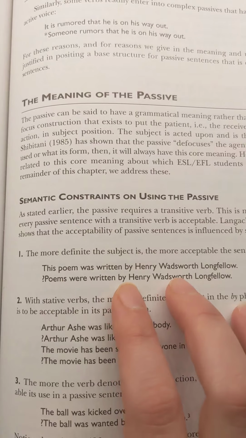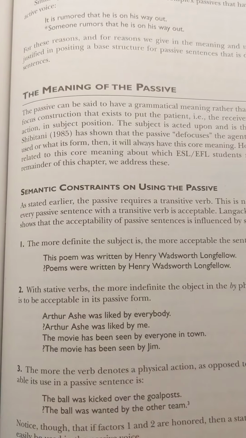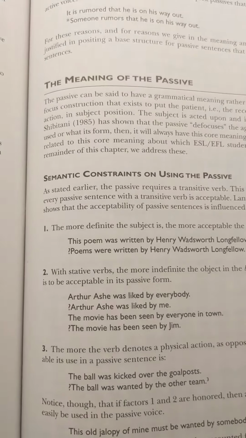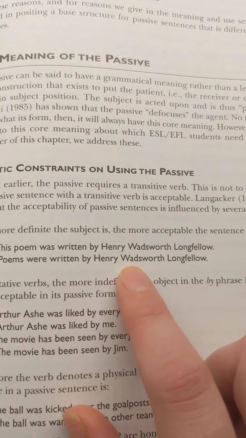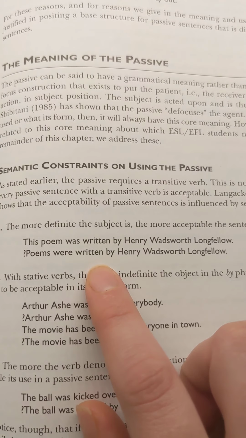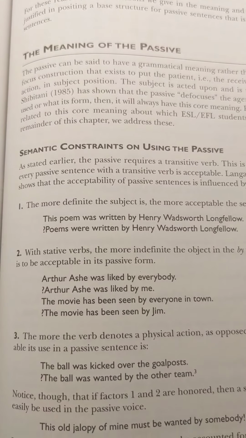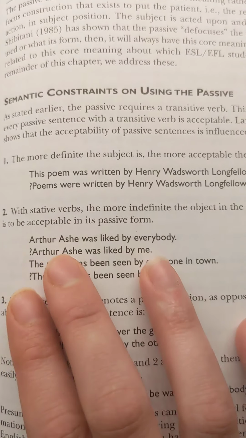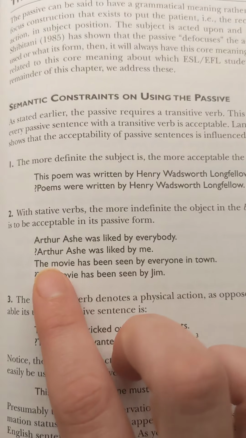If we're talking about poems in general, we would want to say Henry Wadsworth Longfellow wrote poems. It's more grammatically acceptable. With other verbs, the passive form is more acceptable the more indefinite the object is.